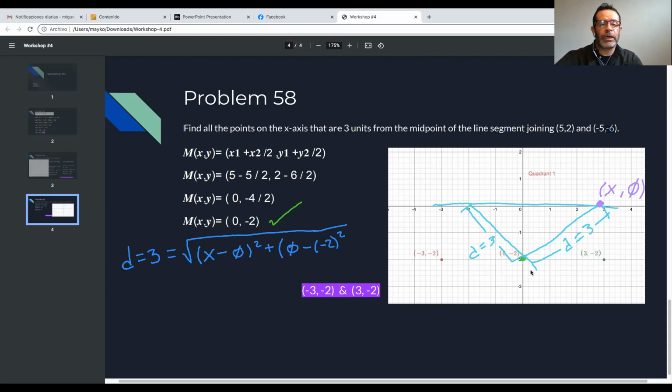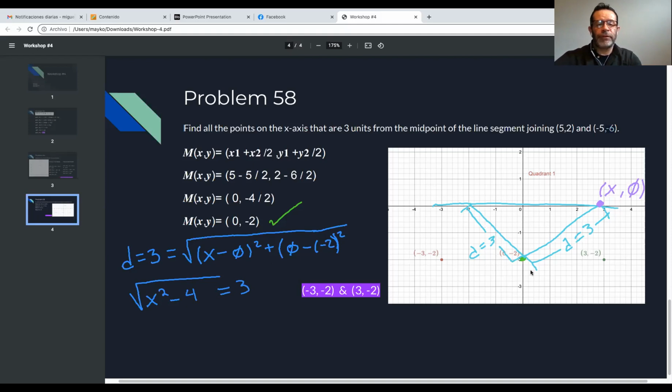This would be equal to the square root of x squared plus 2 squared, which is 4, and this would be equal to 3.